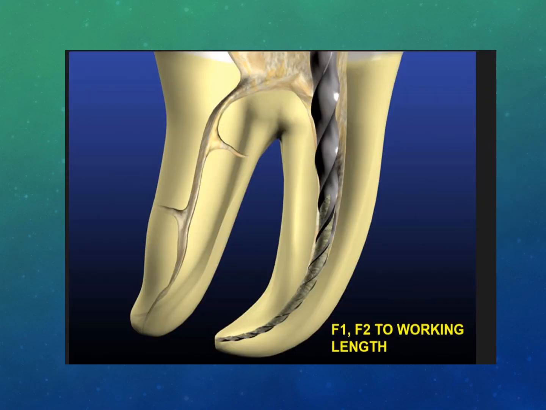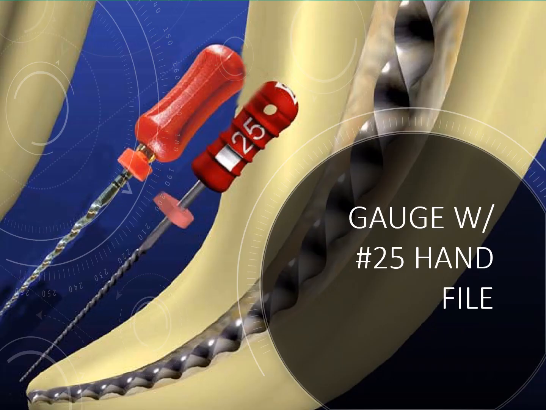You can use F1 and F2. F2 is your red color, which corresponds to your 25K file. Once you decide to stop your cleaning and shaping, once you finish F1, F2, F2 is red.